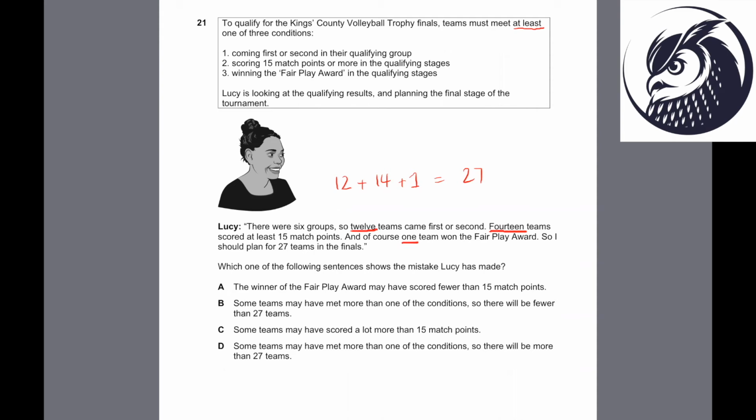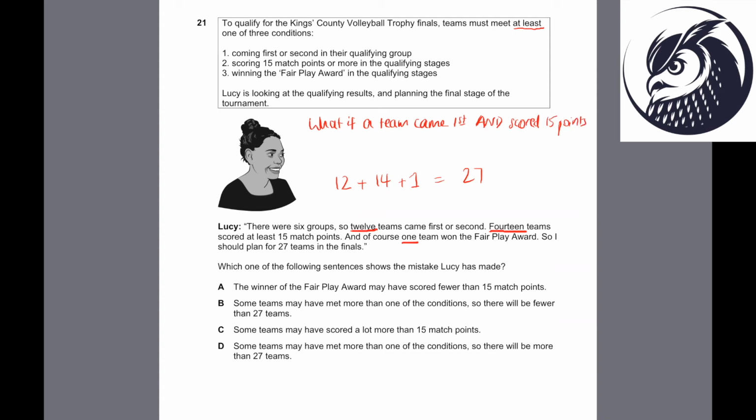The issue with that approach is, what if there was an overlap? What if a particular team met more than one of these conditions? So for example, what if there was a team that came first and they also scored more than 15 points, right?